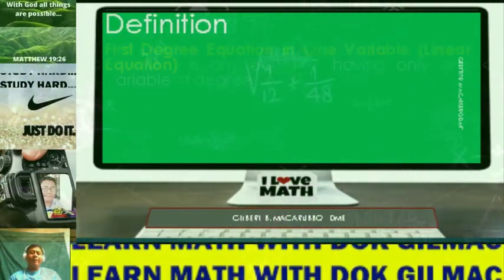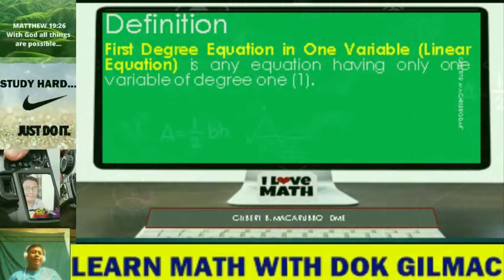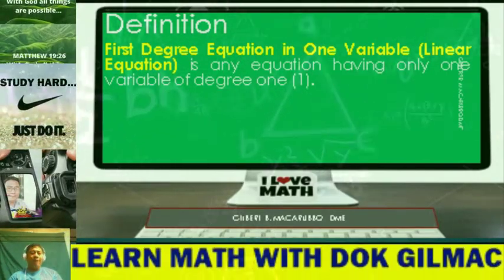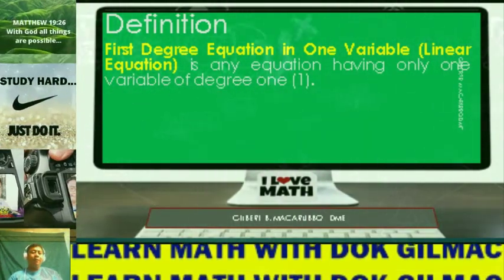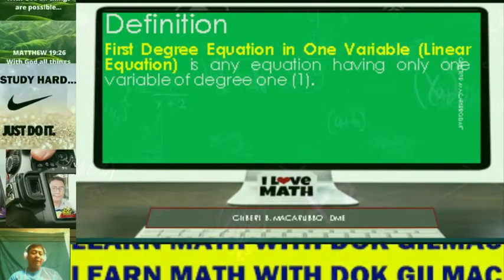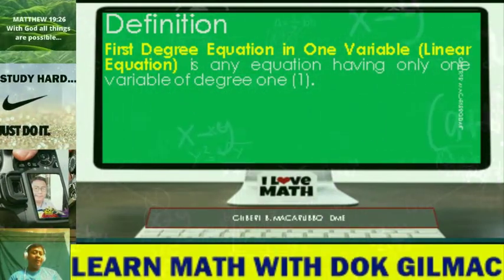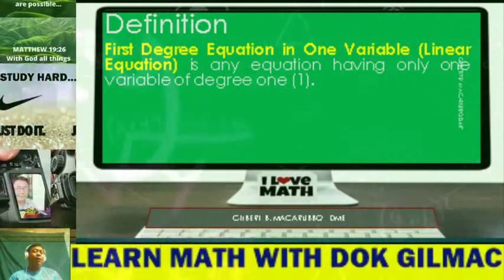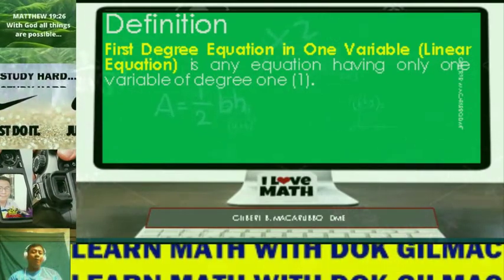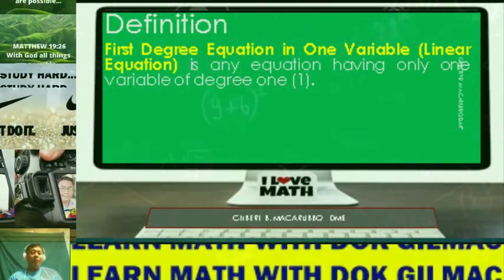Consider the definition. First degree equation in one variable is what we call a linear equation. It is any equation having only one variable of degree 1.